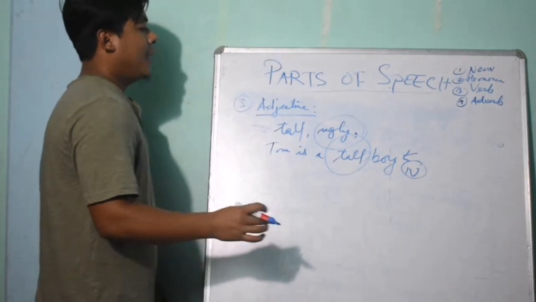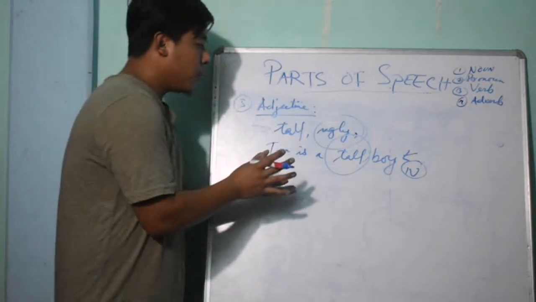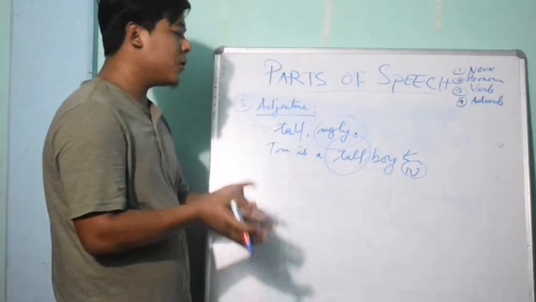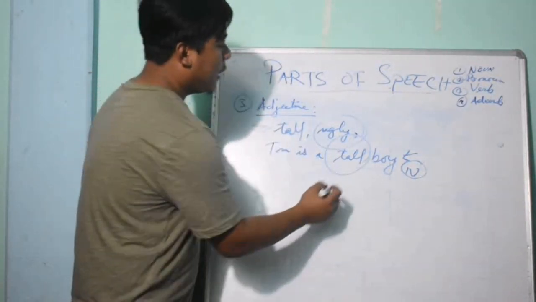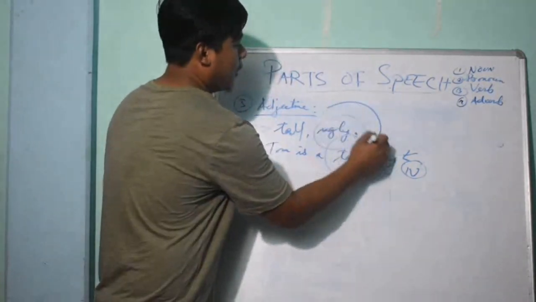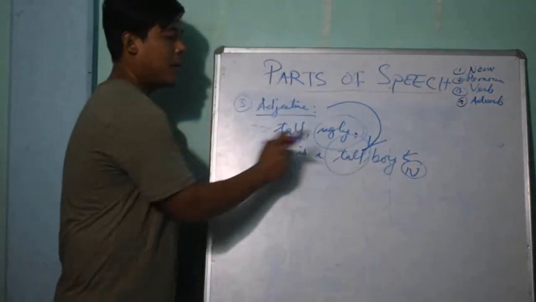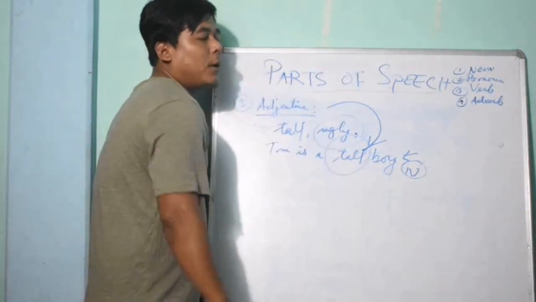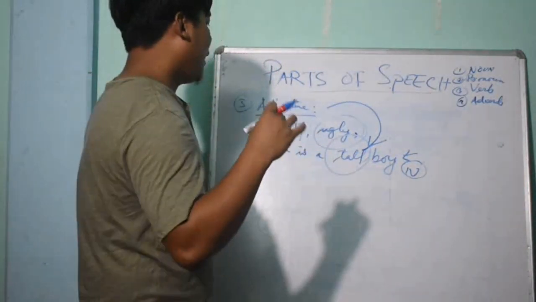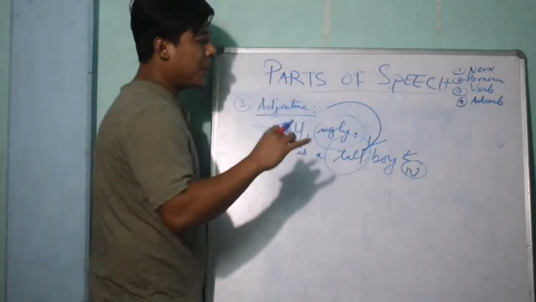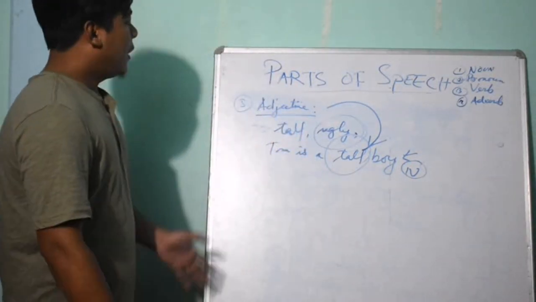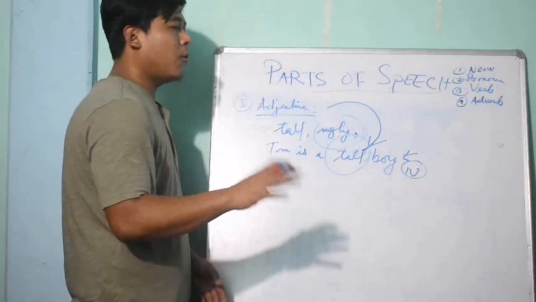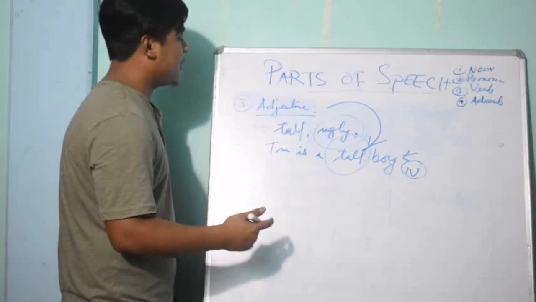That is why the word which gives us more information or which describes a noun or pronoun is called an adjective. Just like that, any word that gives more information about a pronoun or a noun will always be an adjective. Adjective is classified again into different forms, but as I have said, we will not go into detail. We will leave it for the next classes.